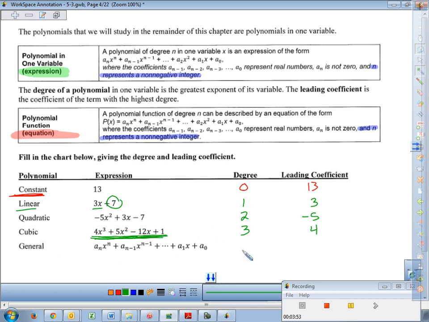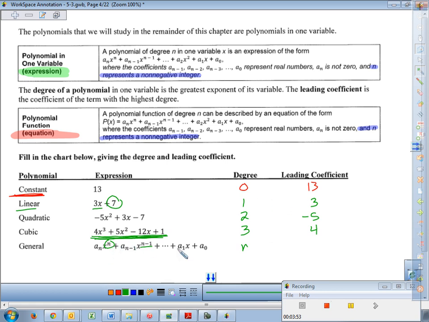This is the general form of what it looks like. What would be the degree of this? Well, this is x to the nth, this is x to the n minus 1, and that pattern continues. That means these exponents keep getting smaller, because aren't you subtracting from them? So what's the degree of this? Nth degree, right? In the general case, it's the nth degree.